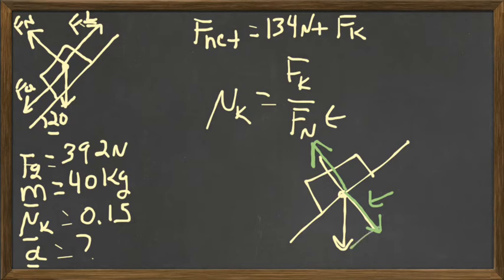Well, to find this side of the triangle, we use the sine function. To find our desired side of the triangle, we use the cosine function. So 392 cosine of 20 would actually be, in this case, equal and opposite to the normal force. And I wind up getting 369 newtons.